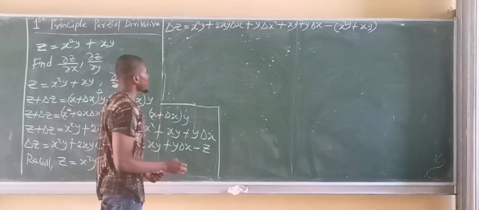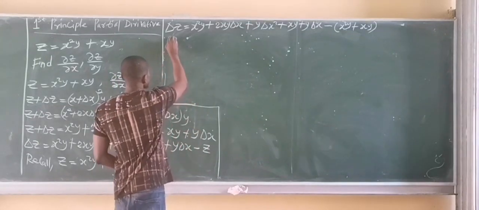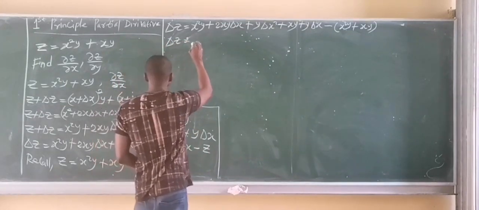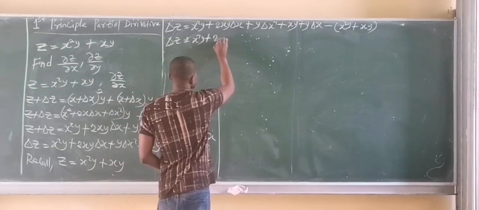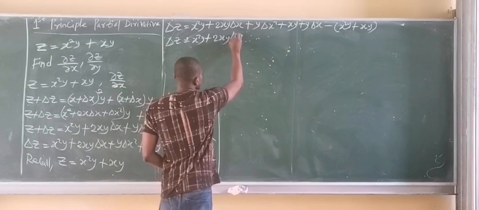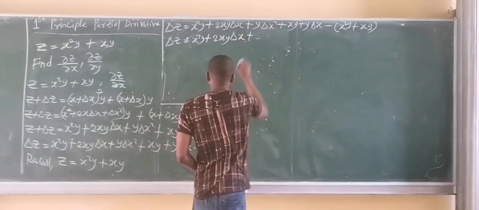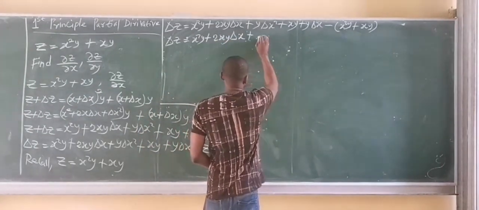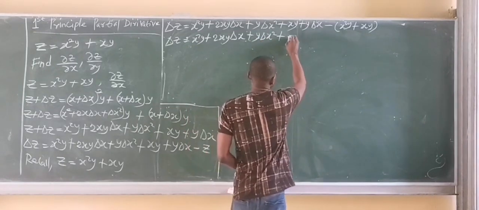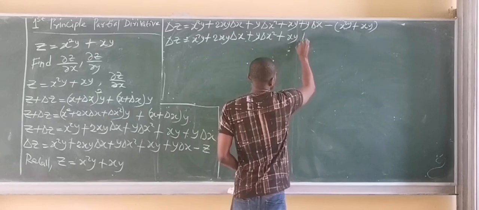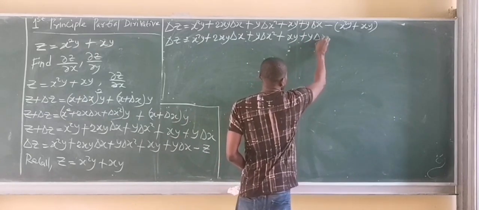Okay, so we'll now expand and see change in z is equal to x squared y plus 2xy change in x plus y change in x squared plus xy plus y change in x.